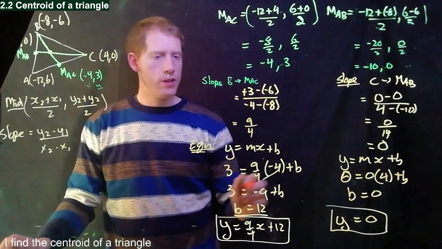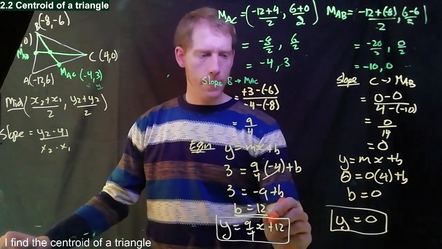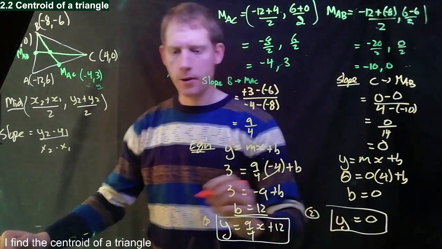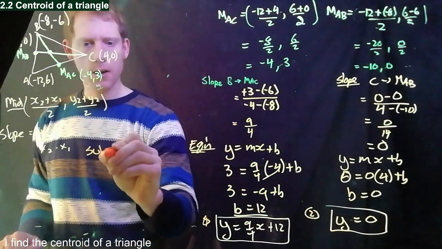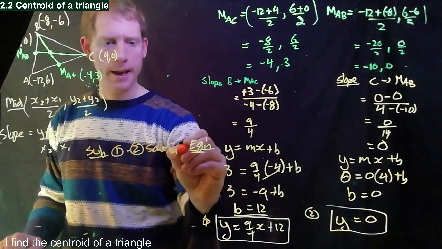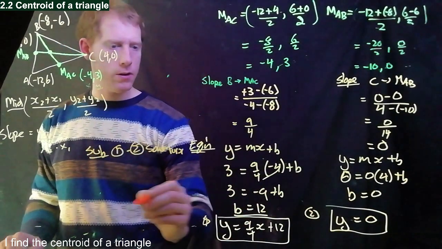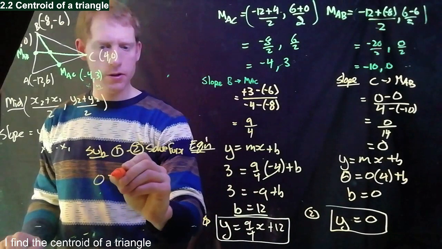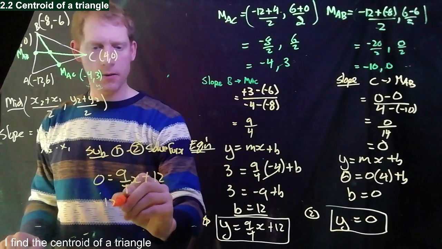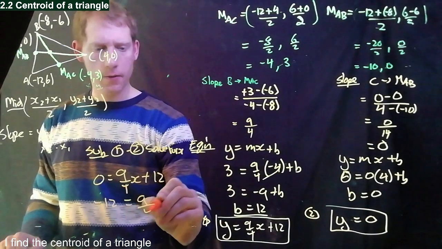So we can use substitution and find out what x is. This is one equation and the second equation. Sub 1 into 2 and solve for x. 0 is equal to 9 over 4 x plus 12, so negative 12 is equal to 9 over 4 x.